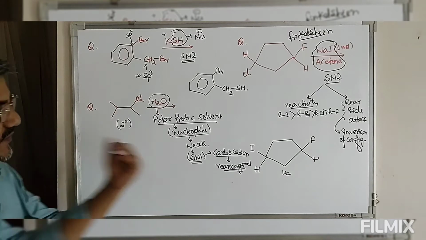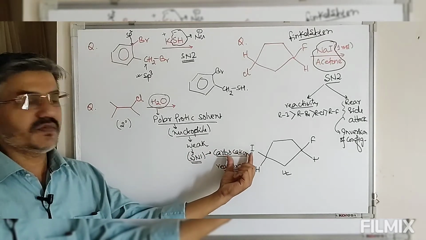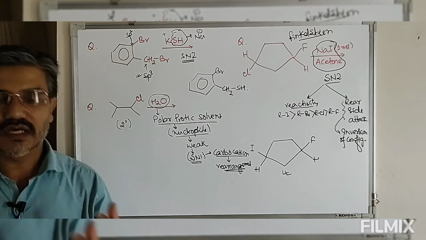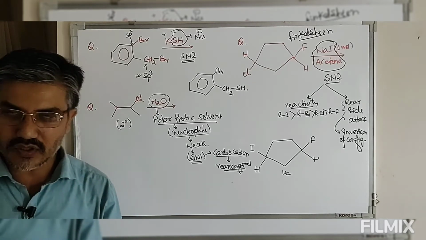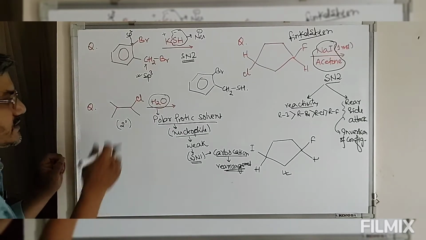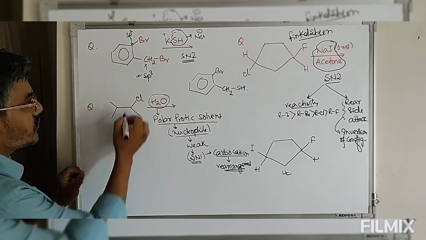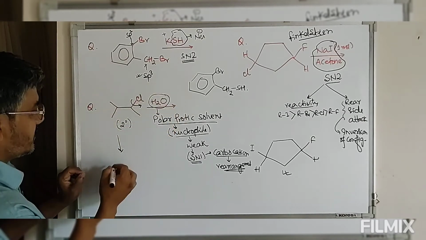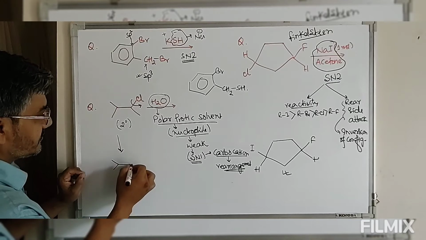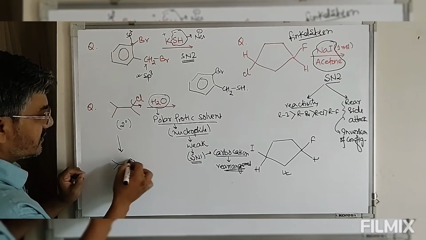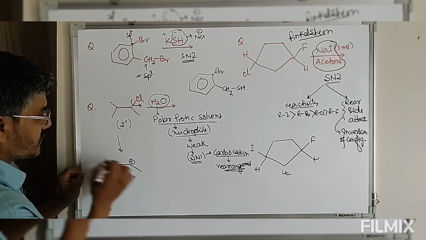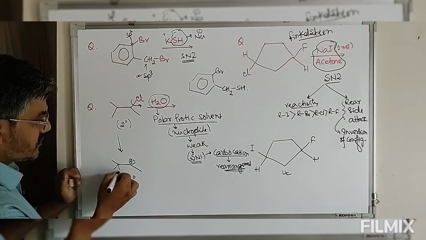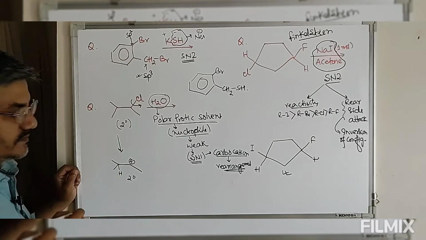So we have SN1. The first step is formation of the carbocation. Once this carbocation is formed, will it undergo rearrangement or not? So first, let's see. This undergoes elimination of X minus in the presence of a polar protic solvent, and this secondary carbocation is formed. Now on this carbon, we have a methyl, and we also have hydrogen.